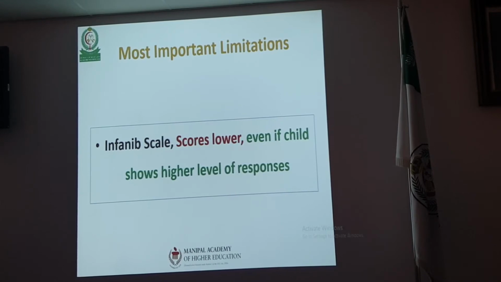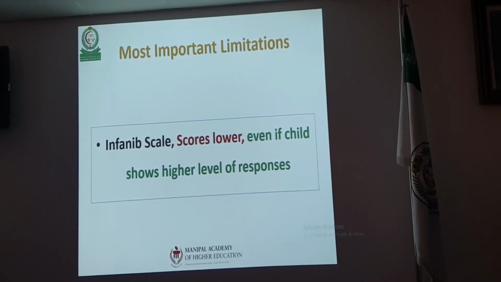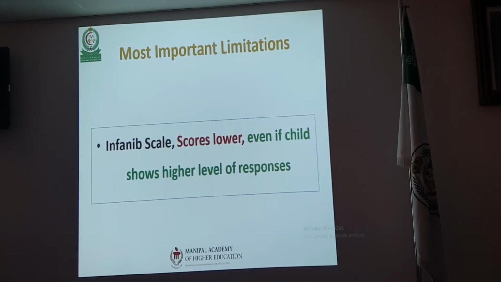Now, if it is 6 to 6.9 age, you expect, for example, I take item number 2. Item number 2 has a 45 to 60 degree range that should come for the start sign. Item number 2 belongs to start sign. So it should come 45 to 60 degree. If your baby is scoring 60 to 85, what does it mean?